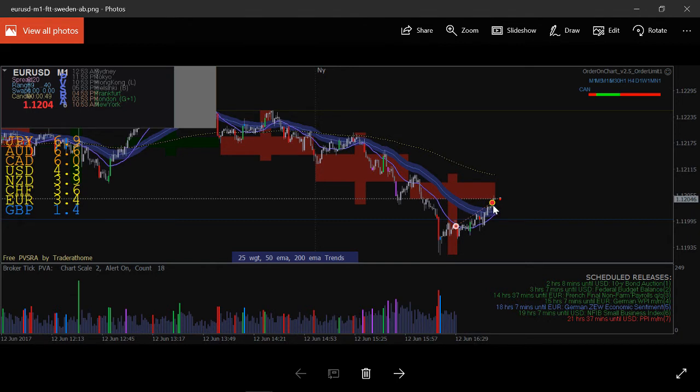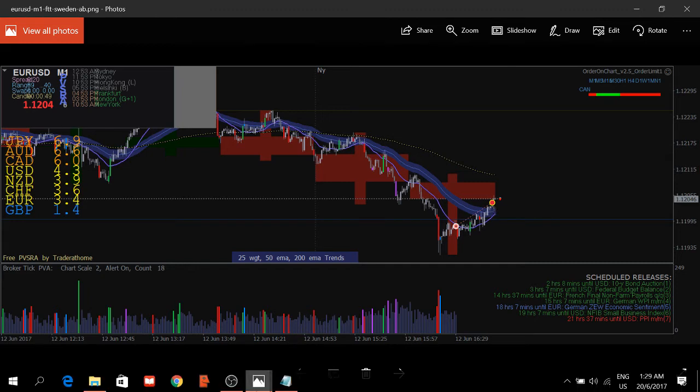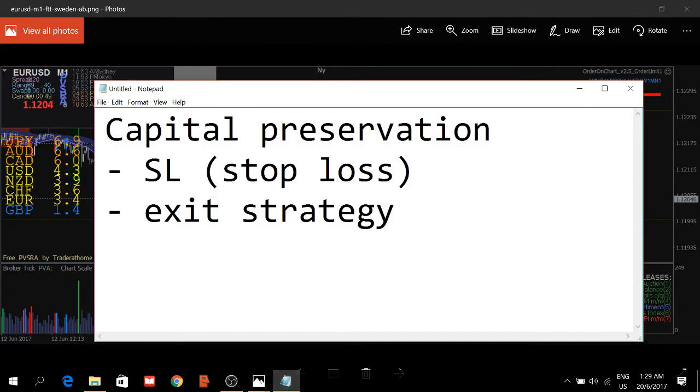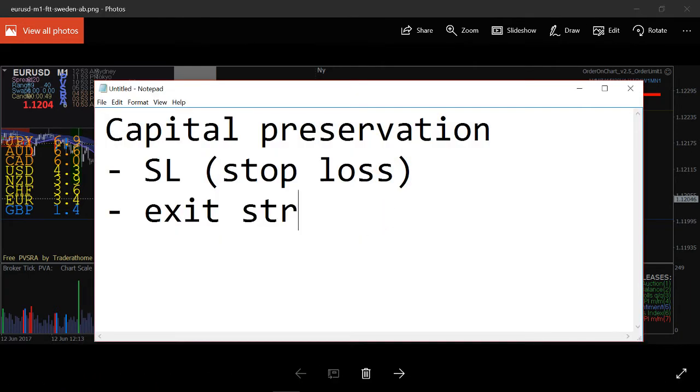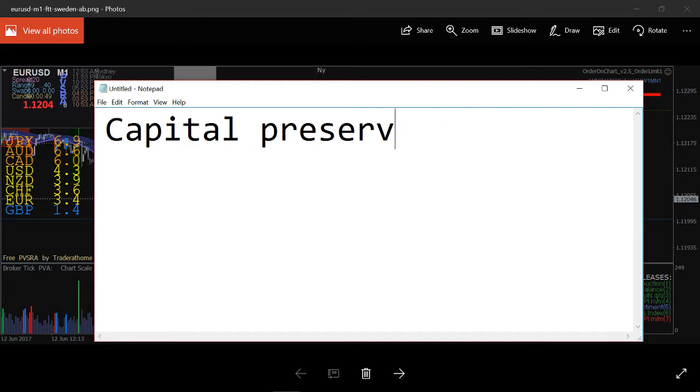So how do you place the stop loss? There are two things to consider. Whenever you enter a trade, what is the difference between successful traders and non-successful traders?